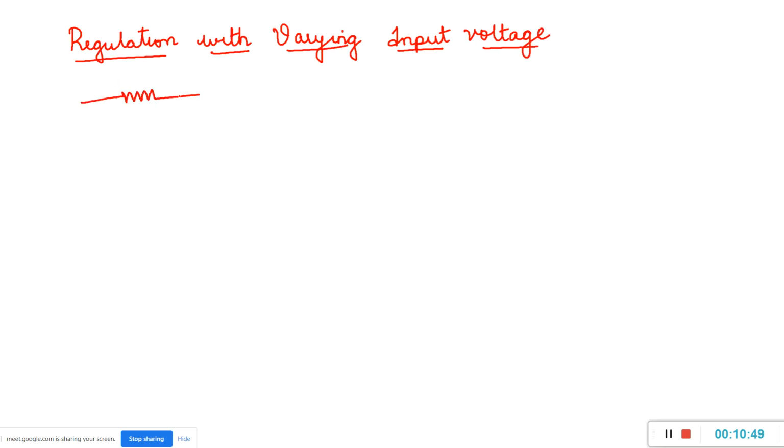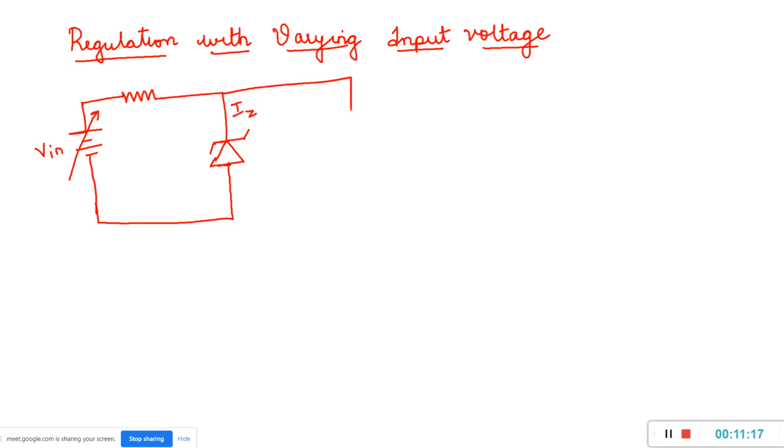Again we have a resistor and a diode here. As the name itself says, regulation with varying input. So this is the input Vin, which is variable. If I mark like this, it indicates varying input. This is Iz.